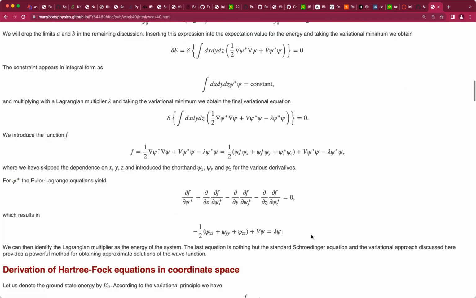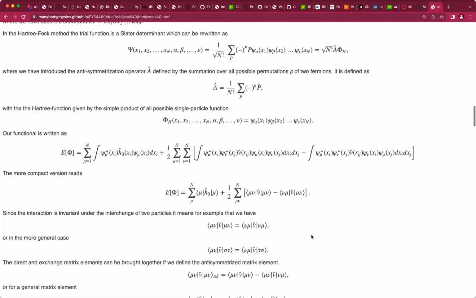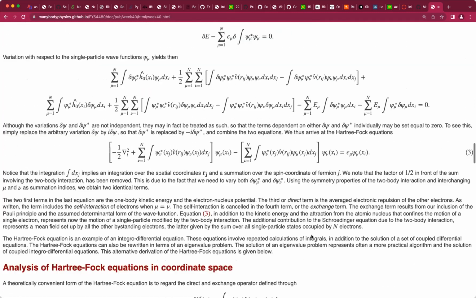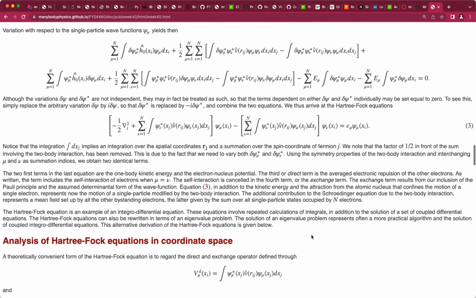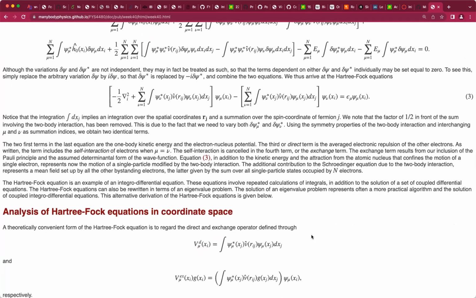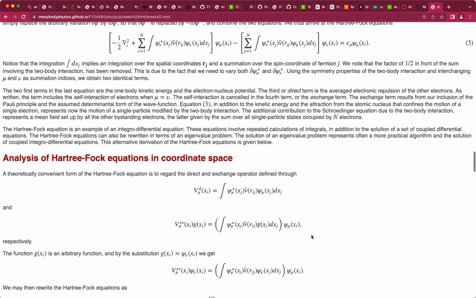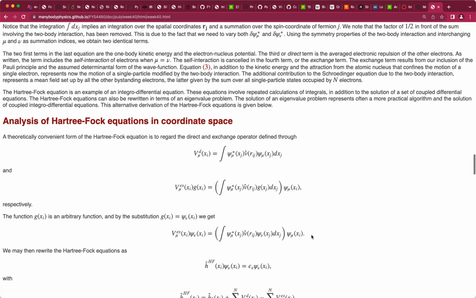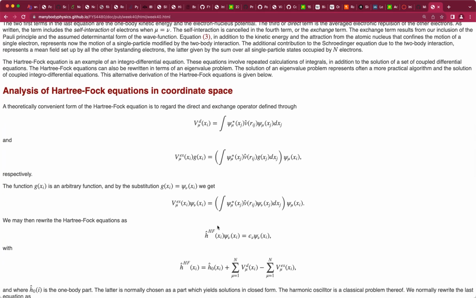So we have a reminder of the variational principle. And what we did yesterday was actually to derive the equation in coordinate space using the variational principle. And we ended up with a new Hamiltonian in coordinate space, which now contains the standard kinetic energy plus external potential. And then there is a term which is defined by the exchange piece.